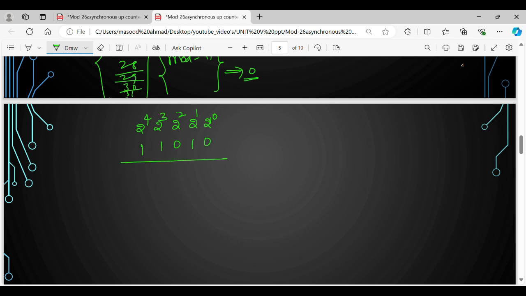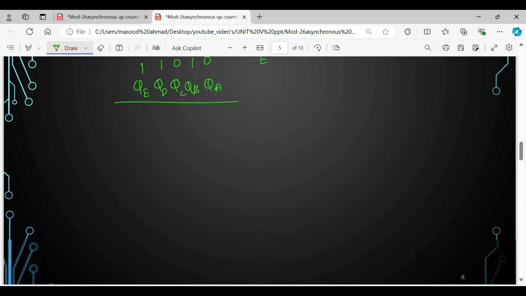So let me call these QA, QB, QC, QD and QE. Now QB, QD and QE are ones.